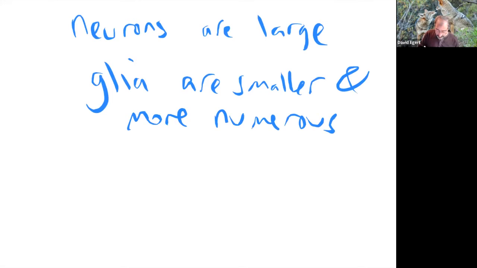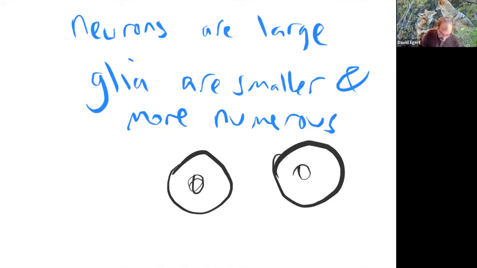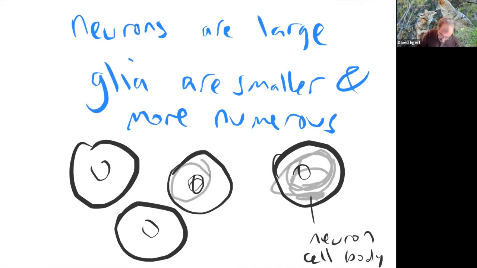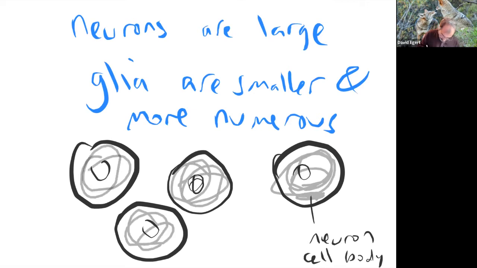So like in a ganglion where you have the neuron cell bodies, the satellite cells are all over the place.